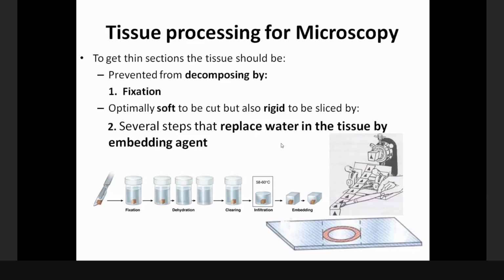That means we reduce the temperature. So one method of preventing decomposition is by changing temperature. In histology also we can do that, but that's not the optimum way of fixation. Instead, we have a fixation of tissues by chemical.